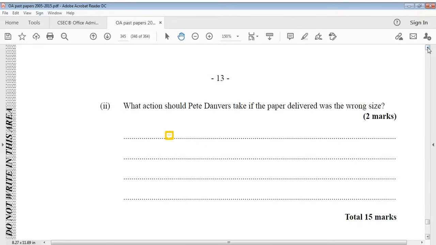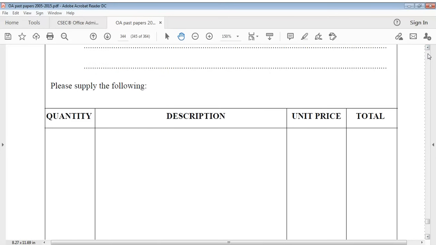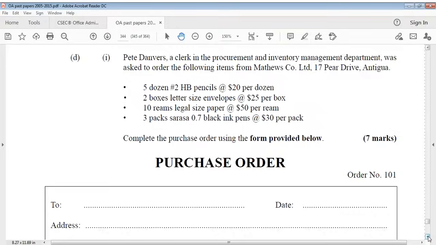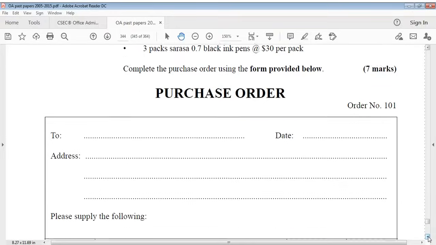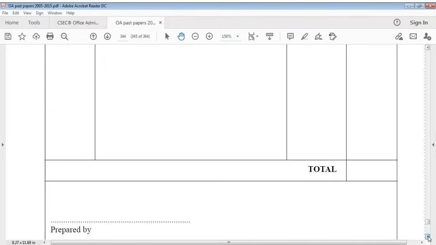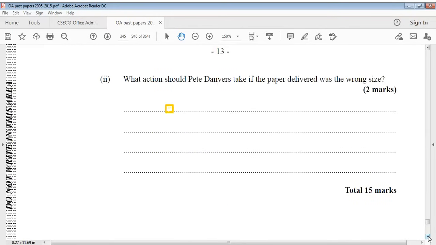That one will take a little time. So you could look at the question and then fill out the purchase order form. And then you do the workings. Very easy. Let's move on to the second part of the question.